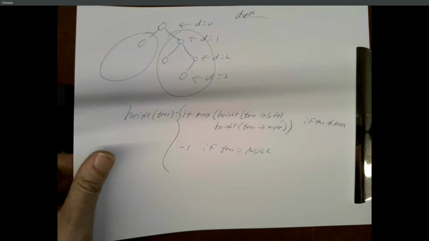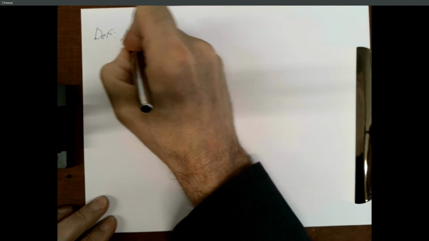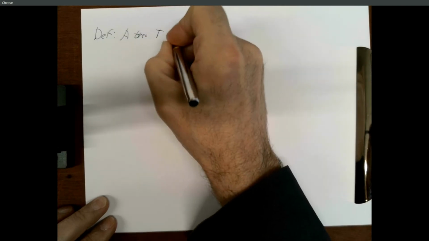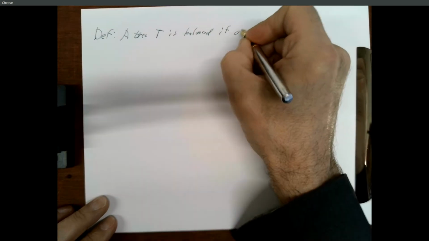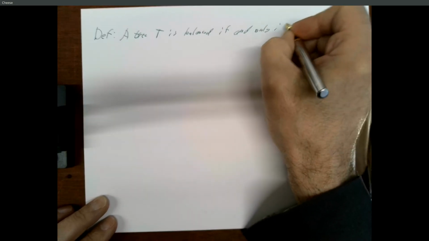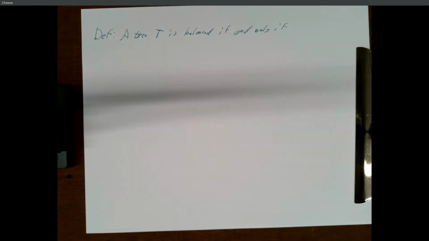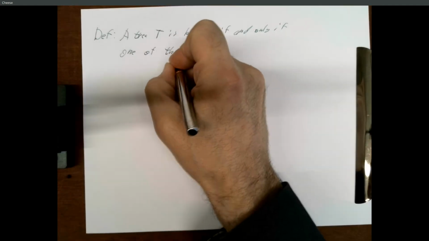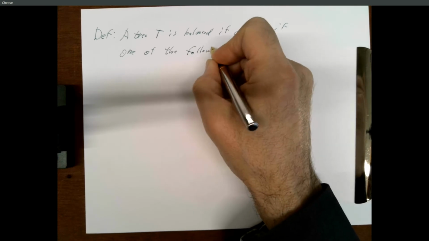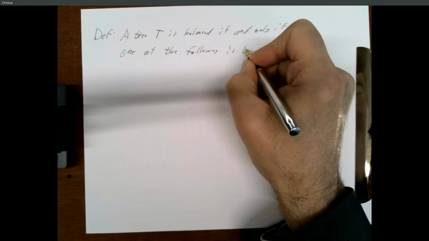Okay, let's talk about balance. This will be a definition. So a tree T is called balanced if and only if one of the following is true.